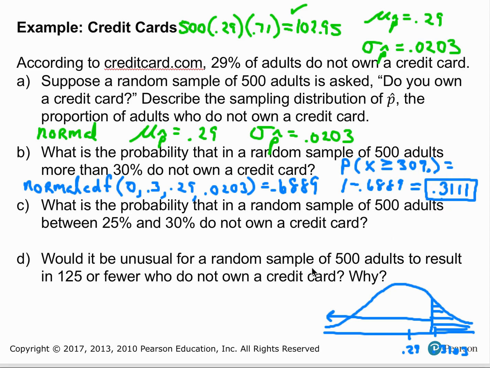Okay, about 31% probability that more than 30% of the people in this sample do not own a credit card.